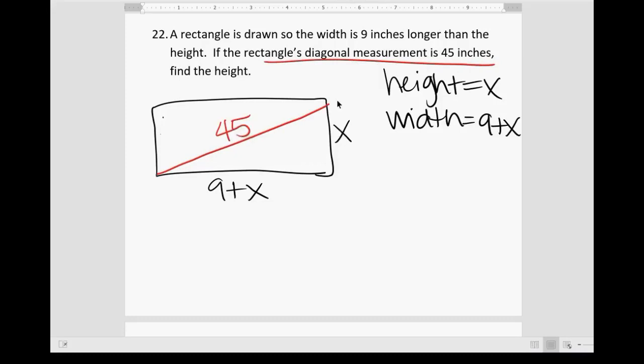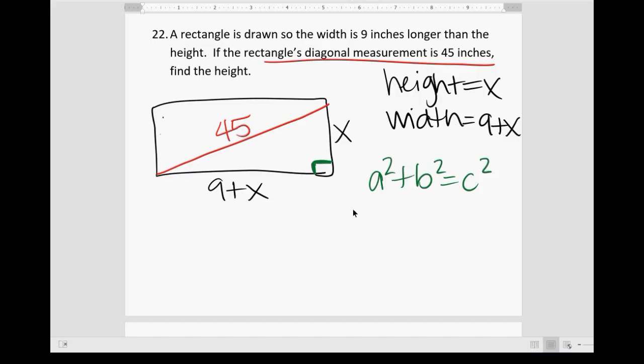Find the height. Okay? So we're going to use the Pythagorean theorem: a squared plus b squared equals c squared. If it's a rectangle, that's a right angle, so a and b are your legs. C is always your hypotenuse, in this case 45.